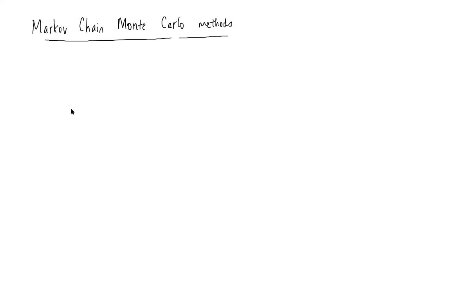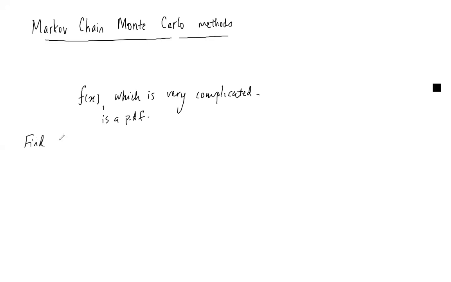For example, you have some f(x), which is a very complicated PDF, and then we want to find this thing.